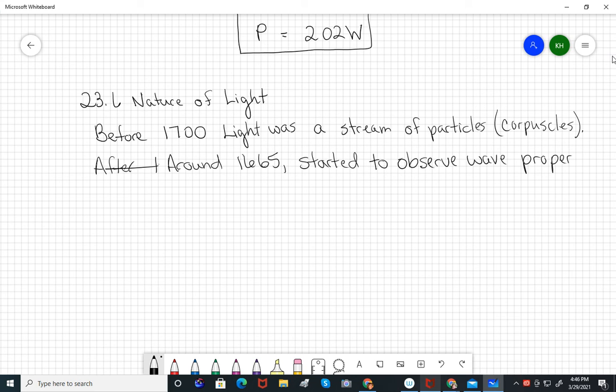Light does things that waves do, like refract and reflect. These are all wave properties. So then the convention was, obviously light has to be a wave.